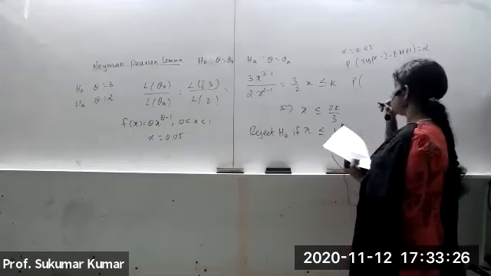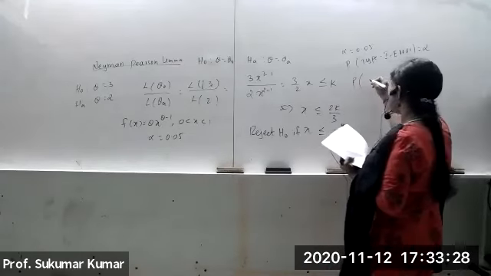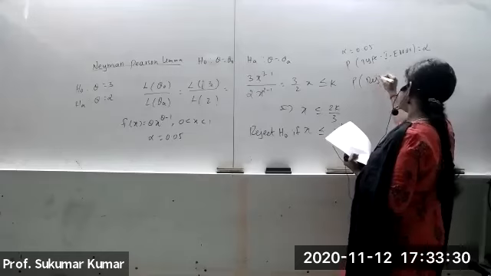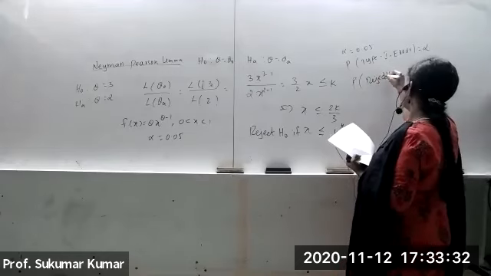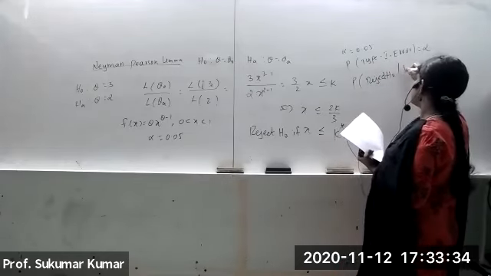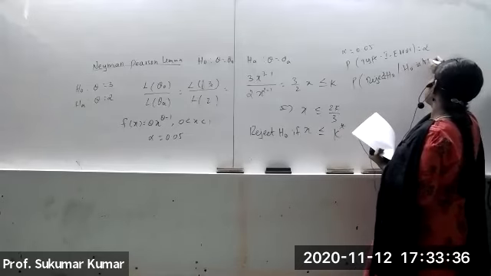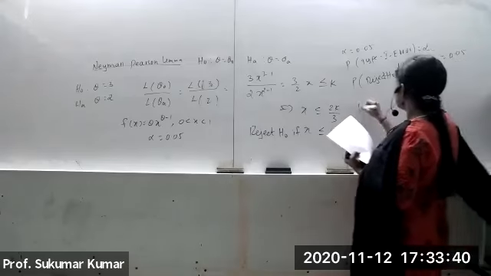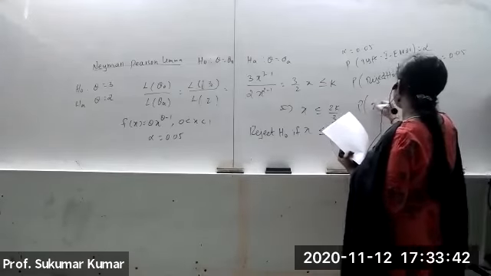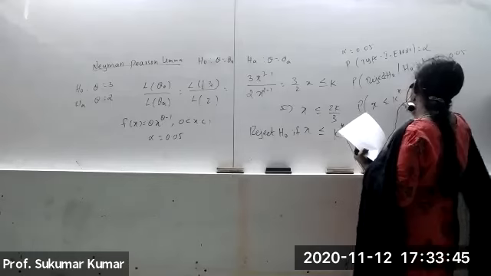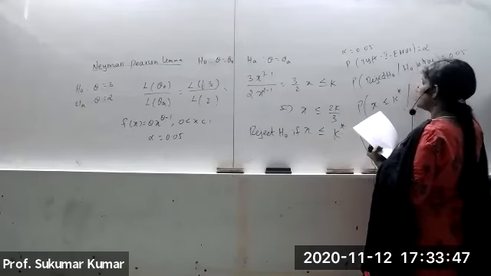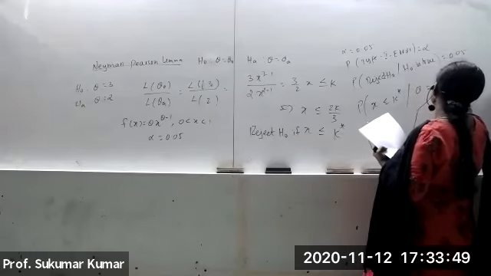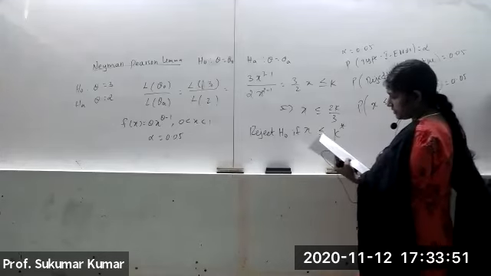So H naught is true means theta value is 3. So reject H naught given H naught is true, which is 0.05. So P of reject H naught, condition is x less than or equal to k star, given H naught is true, meaning theta equal to 3, is equal to 0.05.